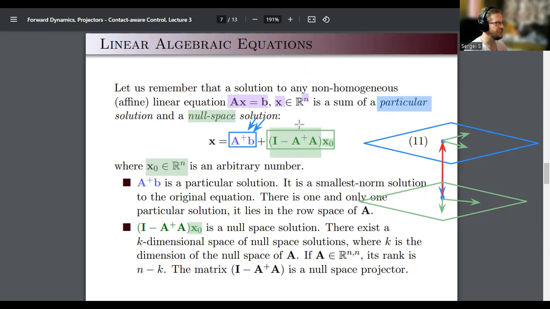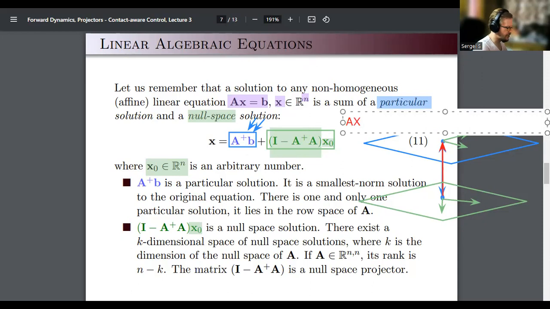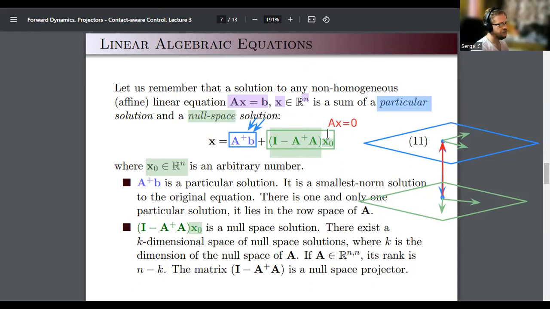So you cannot just take this null space solution and say it is a solution to the original equation. No, it is a solution to the homogeneous equation, right? So null space solutions are solutions to the equation Ax equal to 0. That's what they're for.